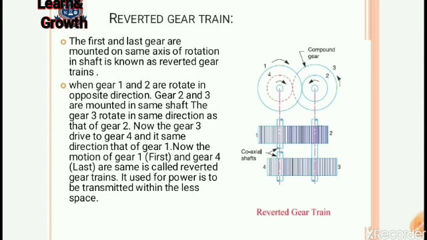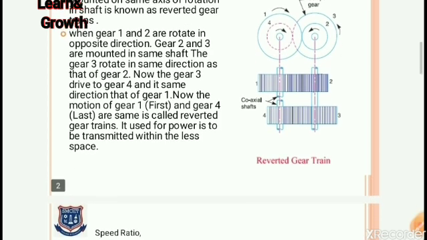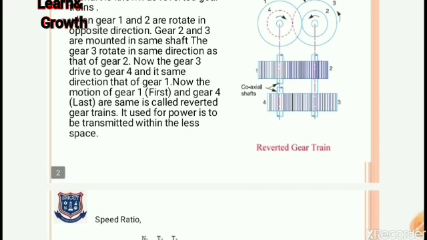That's why the velocity of the first and fourth gear will be the same, and the velocity of the second gear and third gear will be the same. If gear 1 and 2 rotate in opposite directions, then since gear 2 and 3 are mounted on the same shaft, gear 3 rotates in the same direction as gear number 2.